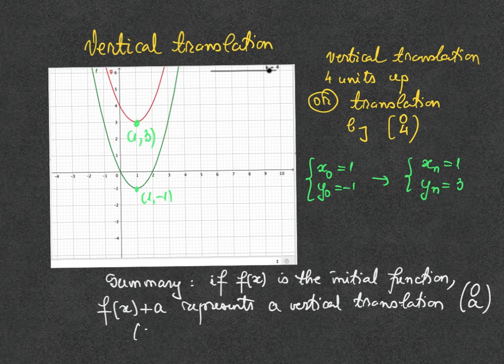We also saw that if a is bigger than 0, translation is up. If a is smaller than 0, the translation is down. You'll need to remember this: the direction of translation for positive and negative a is different from the horizontal translation. You need to look back and put them both in a table so that you remember them.